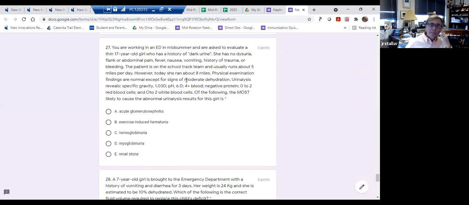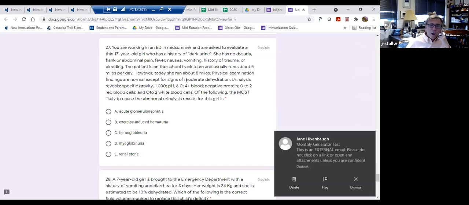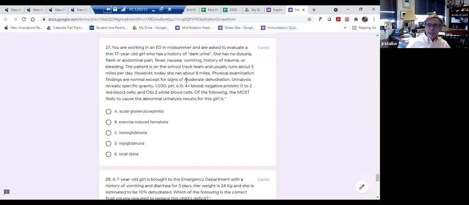Here we are again. The answer, I think everybody got that, is myoglobinuria. Now, the exercise hematuria, if you fell for that by reading it quickly, I got it. But where's the red cells? 0 to 2, so you can't call it that. Hemoglobinuria, well, yes, it could do that, but in this case it would be myoglobinuria. And again, without any pain or nausea, no kidney stone.